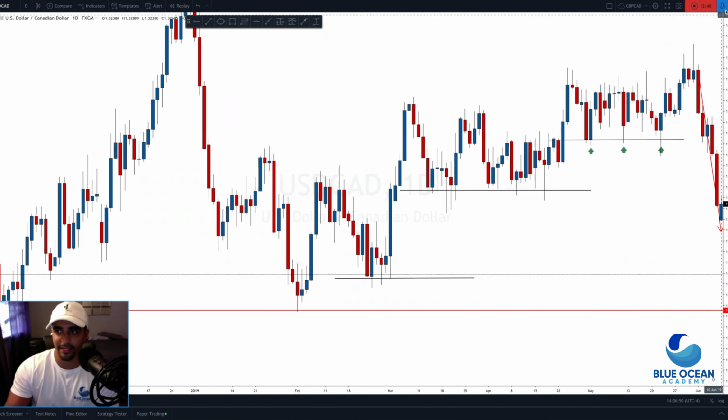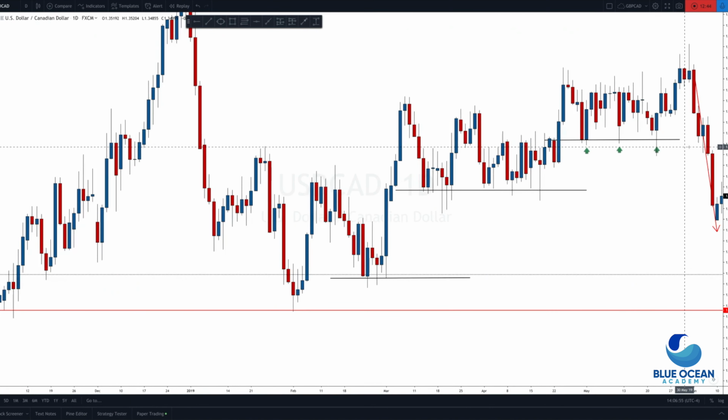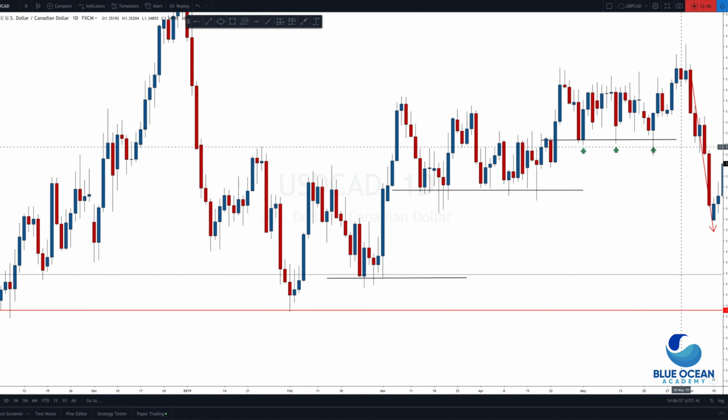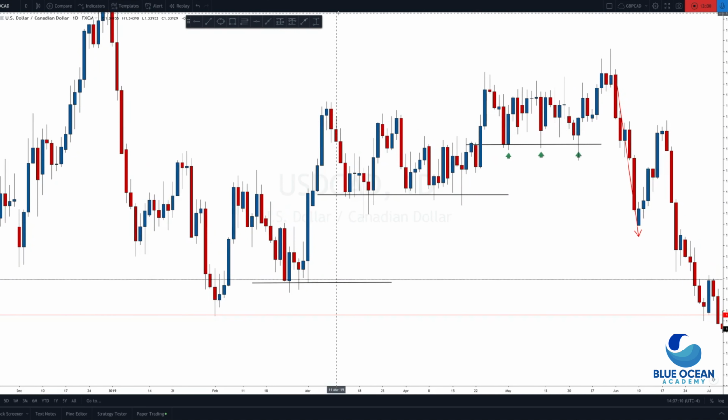Now that's a sign that the market could be turning around. What confirms that the market is going to continue down is if the market drops below this, surpassing these floors, and then creating a ceiling that's lower than this ceiling, which was what happened right here.